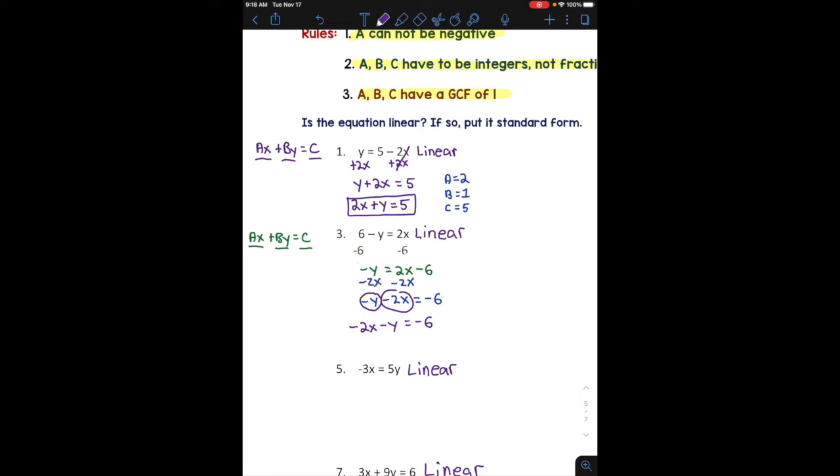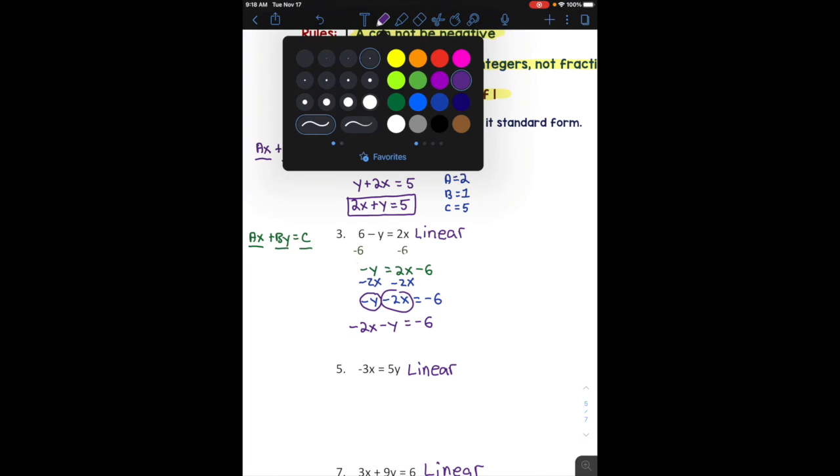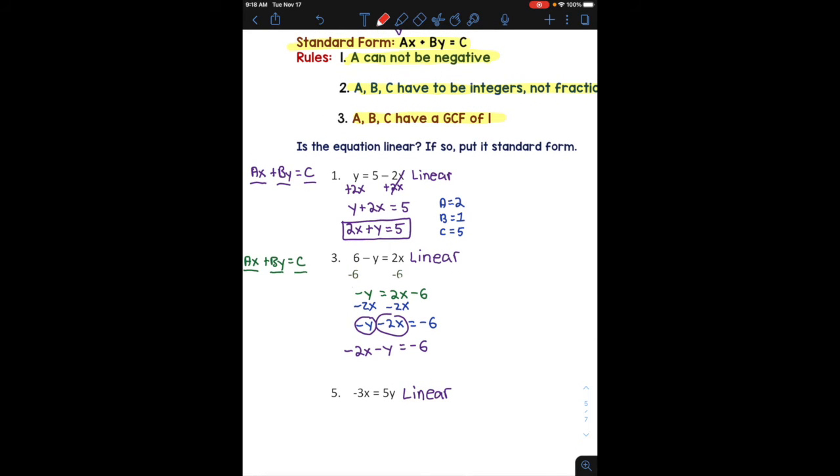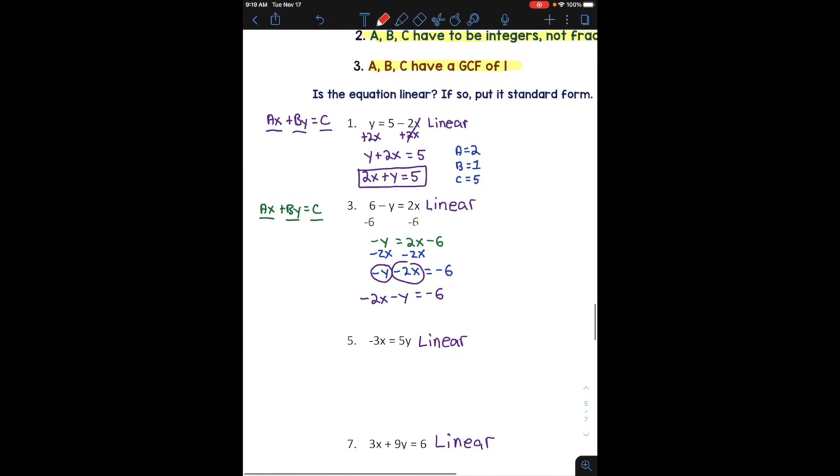However, there is one more step for this equation. Rule number 1 is that a cannot be negative. A is being represented as the number in the front of standard form. What we need to do is fix it since it is negative. What are we going to do to fix it?